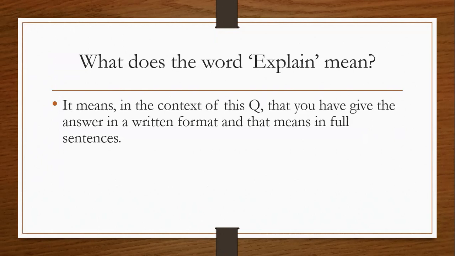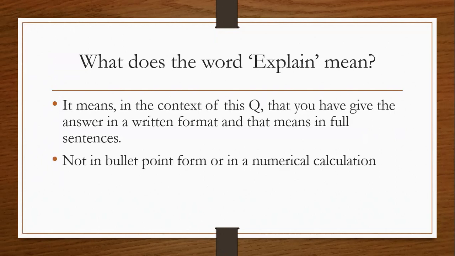And that means in full sentences. It doesn't mean giving very brief bullet points. For example, 8 increases, so positive, 2 decrease, minus. It's not asking for that. It's asking you to explain. And you know, when you explain something, you're talking about it in some detail.